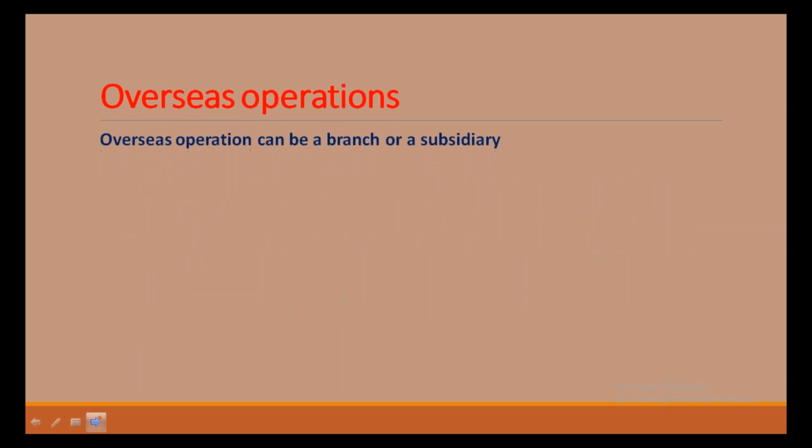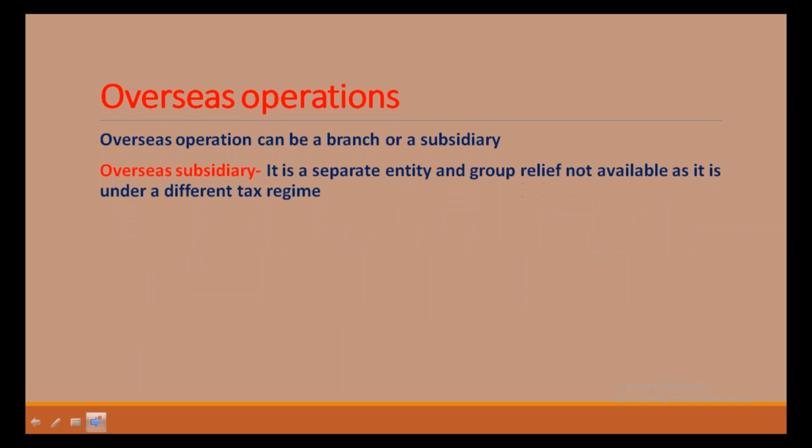Overseas operations, as you know, we can either have a branch or a subsidiary. Most of the banks have their branches. Some companies have their subsidiaries. A subsidiary is basically a separate entity, and it will be subject to separate taxation.